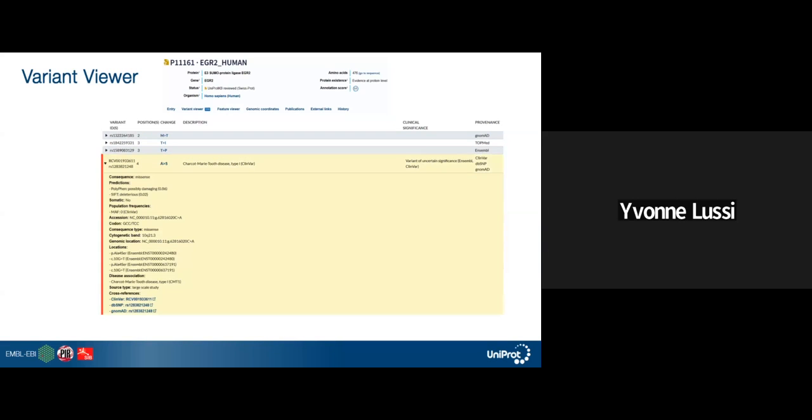So by clicking on this little black arrow, you will get more information about the variants, such as the consequence, the variant impact predictions from PolyPhen and SIFT, the population frequency, the genomic location, the disease association, as well as cross-links to ClinVar, dbSNP, and gnomAD at the bottom.